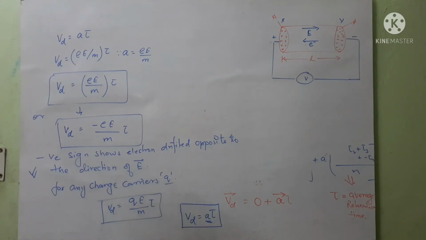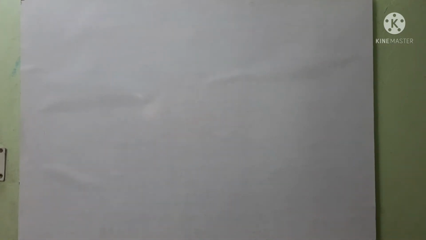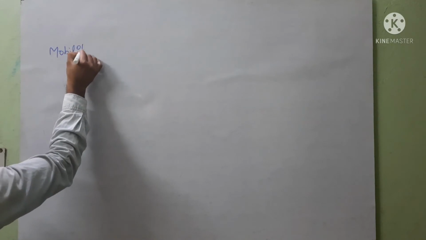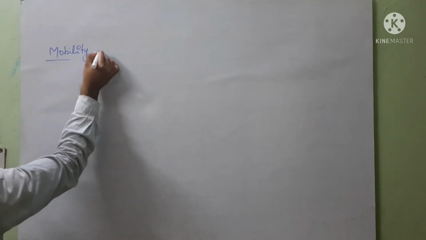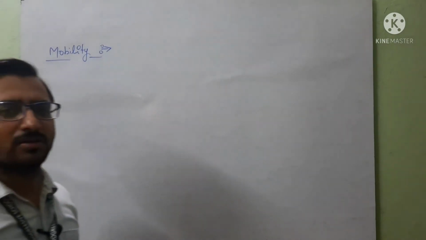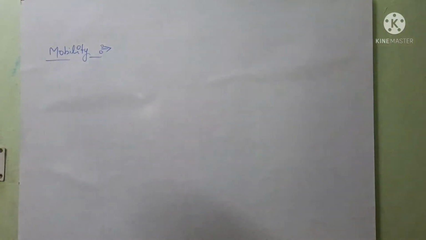So after that we will talk here about the mobility. The next definition is mobility. So for that, pause the video and note down. Now the next heading is mobility. So mobility means that we are talking about the motion of charge carriers.